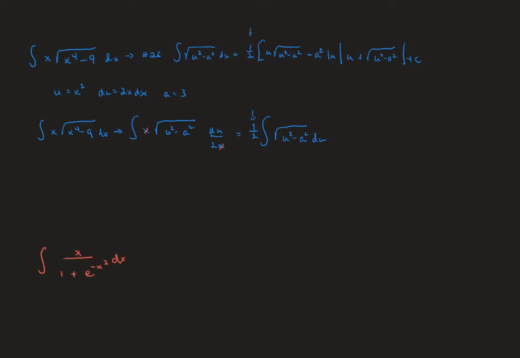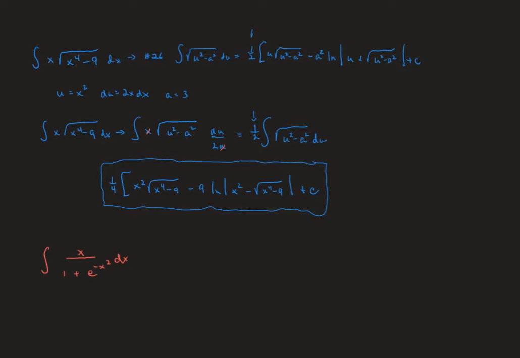We'll multiply that 1/2, so our answer is going to have a 1/4, and then we're going to get x squared times the square root of x to the fourth minus 9, and then minus 9 times the natural log of the absolute value of x squared minus the square root of x to the fourth minus 9, and then our plus c. So there's a little bit to this. It's not quite as simple and straightforward as it might seem at first.